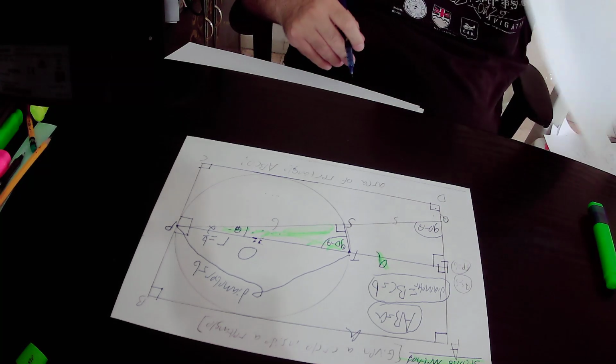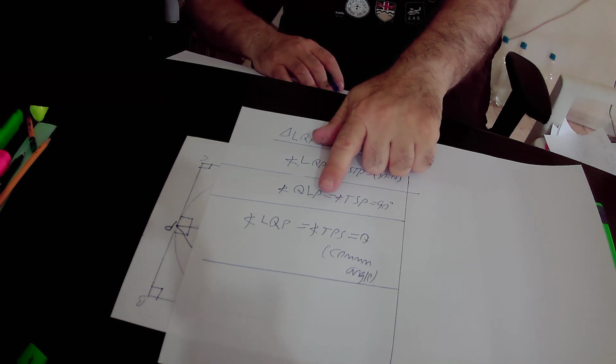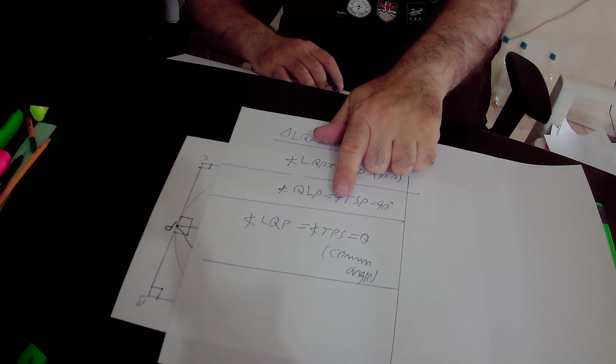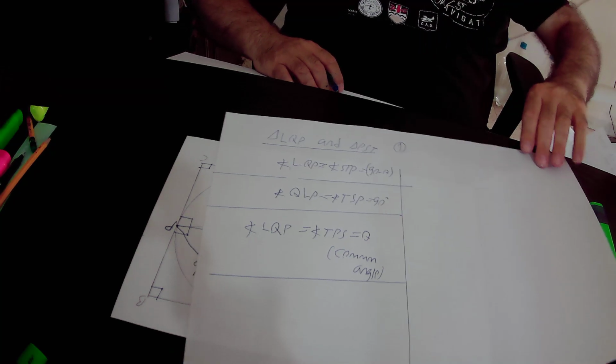So angle theta equals itself, it's a common angle that belongs to both triangles.